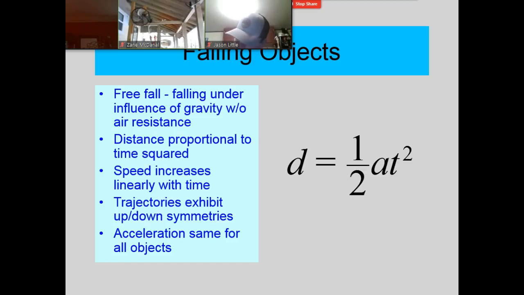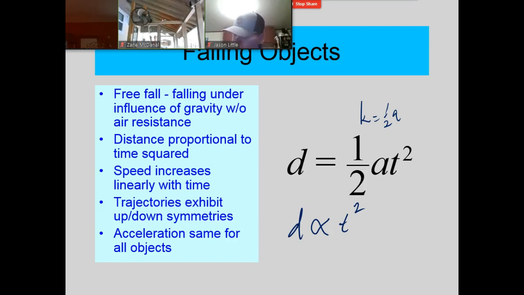Let's see if it shows up here too. Yeah, there it is. The distance is proportional to the time squared. We could have written this D is proportional to time squared. Okay? And the constant of proportionality here would be 1/2 A, to make it an equation. You don't have to know that. That's just there.